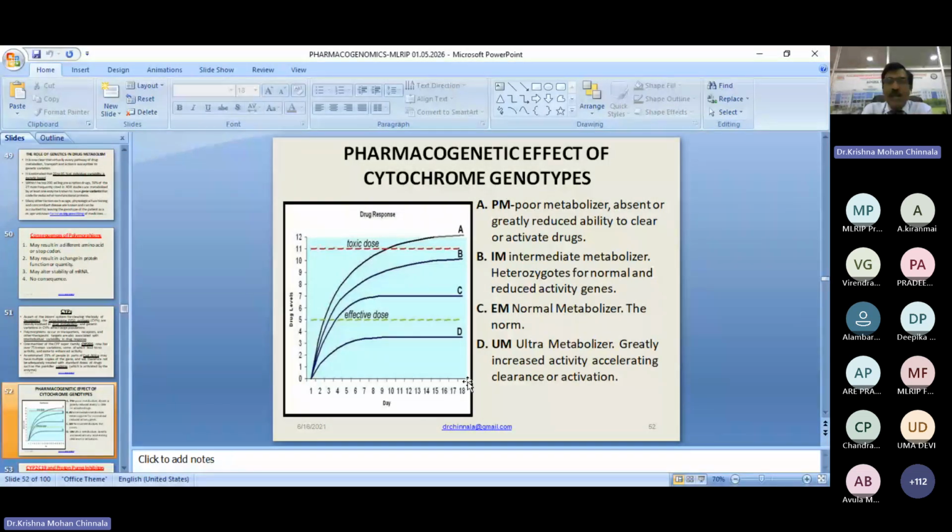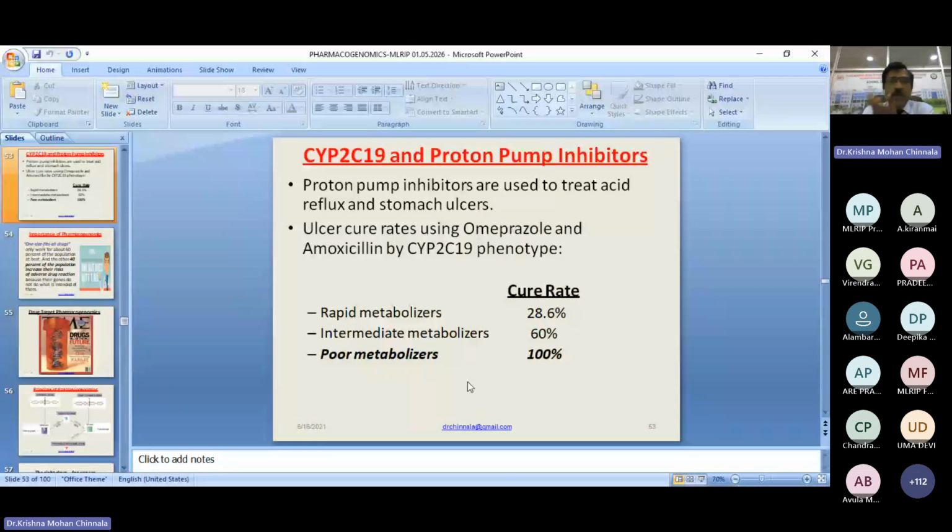Here I'll give an example where poor metabolizers are useful therapeutically. Proton pump inhibitors are used to treat acid reflux and stomach ulcers. Ulcer cure rates using omeprazole and amoxicillin by CYP2C19 phenotype are like this. Rapid metabolizers, it is 28.6% only.